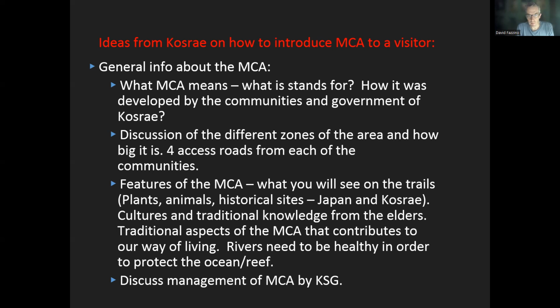So the features of the MCA, what folks will generally see: cultural history, historic sites of Japan and Kosrae, cultures and traditional knowledge from elders, traditional aspects of the MCA, the interconnections we talked about in the training, and then also discussion of the management of the MCA by the Kosrae State Government and others involved.